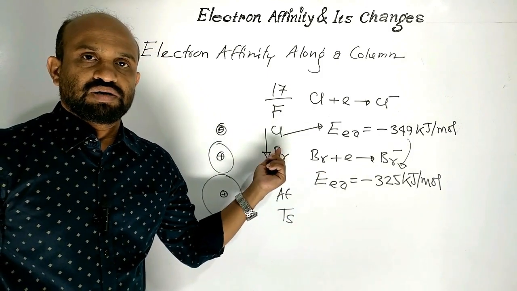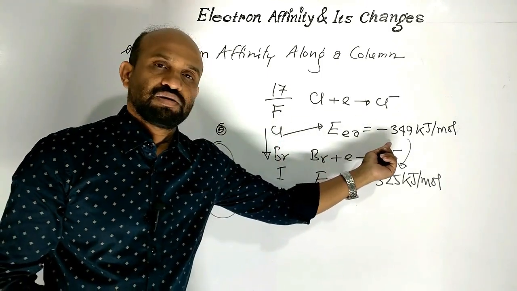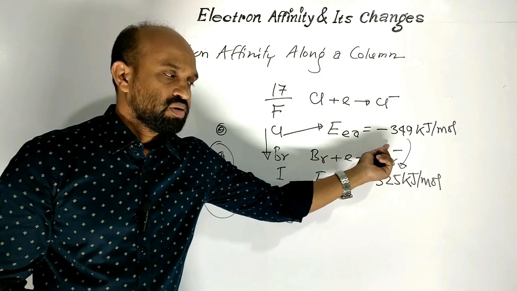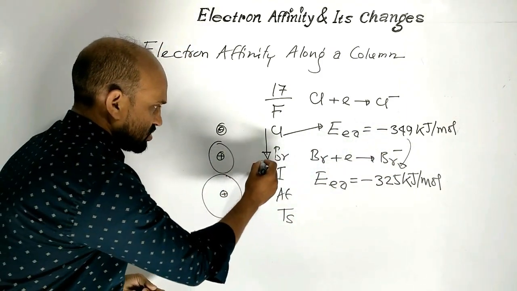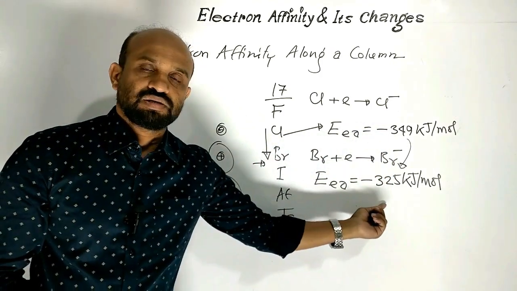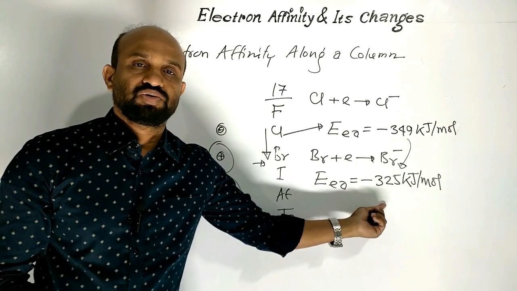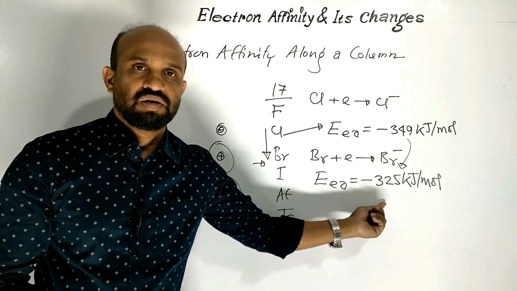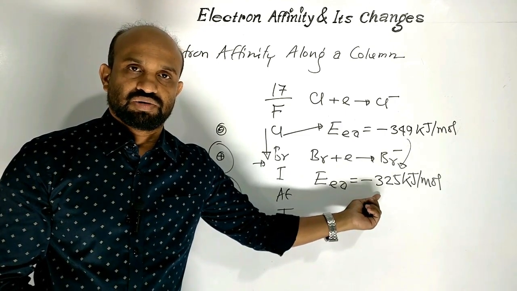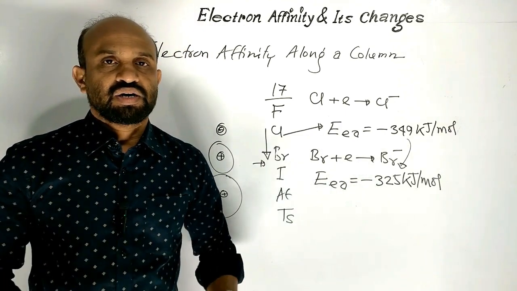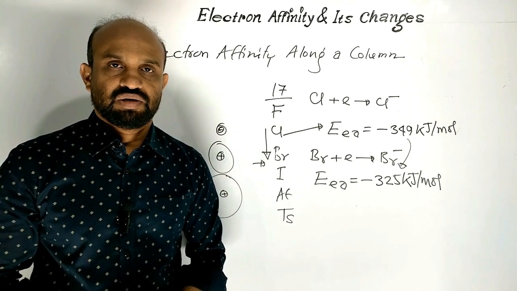For chlorine, electron affinity is 349 kilojoule per mole, and for bromine this is lower, which is 325 kilojoule per mole. Here a minus sign is used because this is a kind of exothermic process.